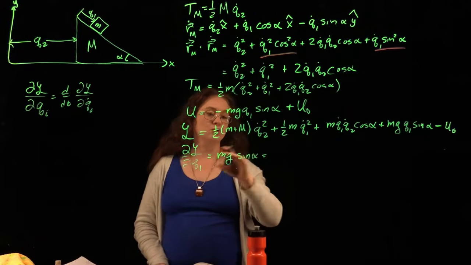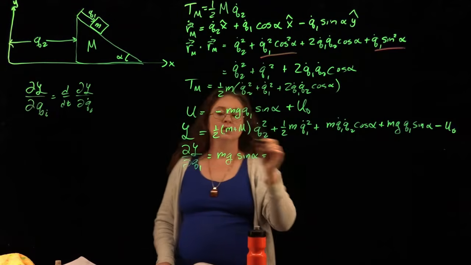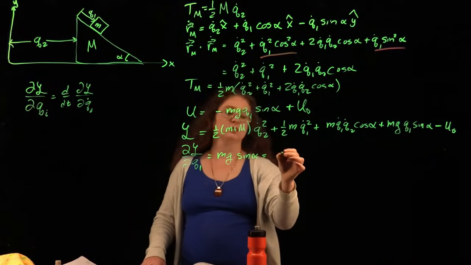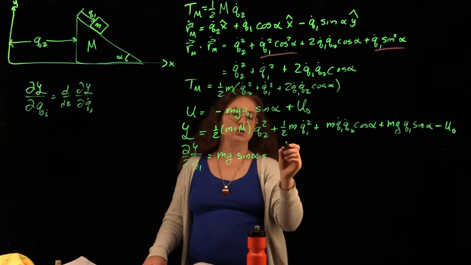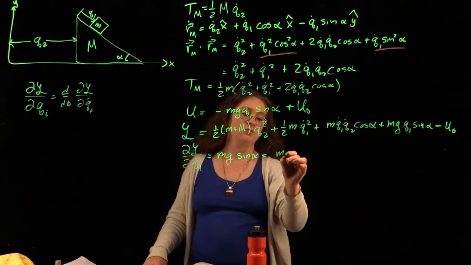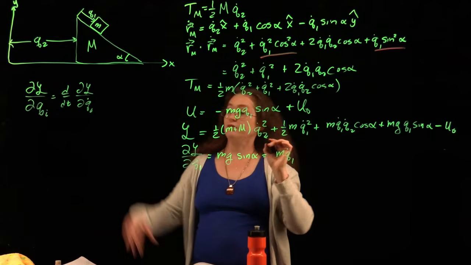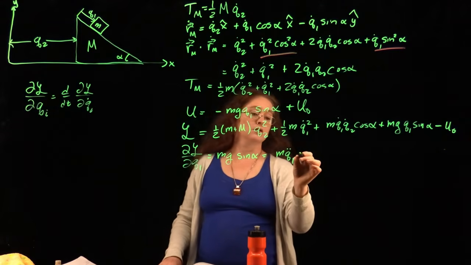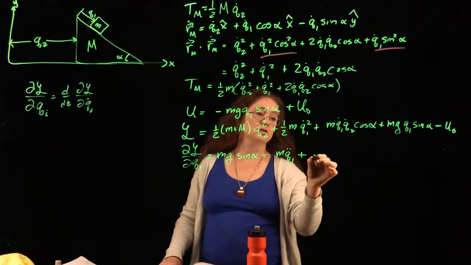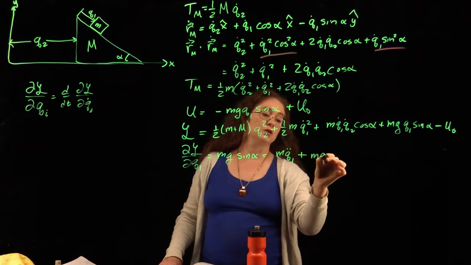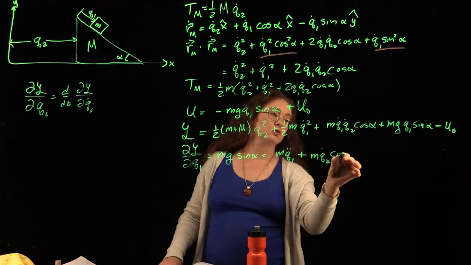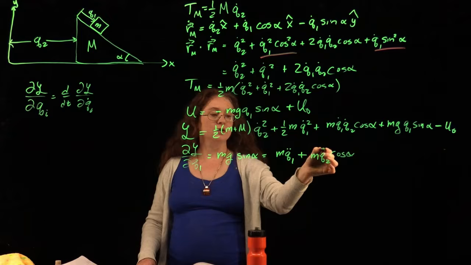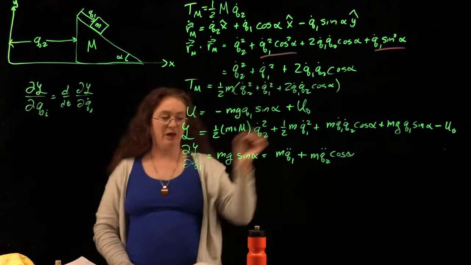And this is equal to the time derivative of the partial derivative with respect to q1 dot. So I have an m, and then the time derivative of the partial derivative with respect to q1 dot. So I have an m q1 double dot plus m q2 dot cosine alpha. And when I take the second derivative, I get another dot.